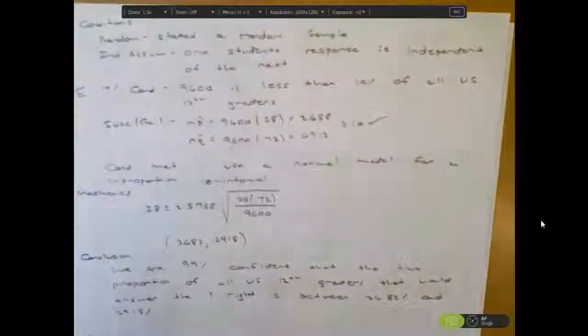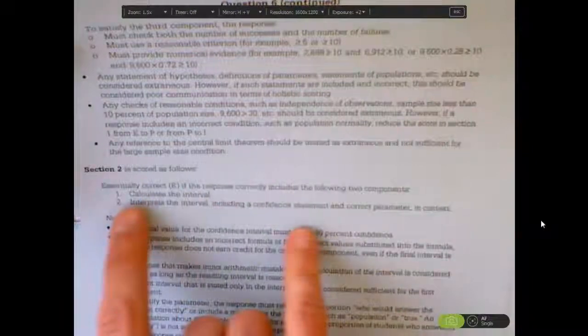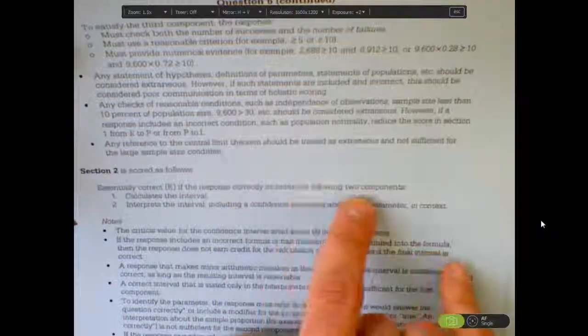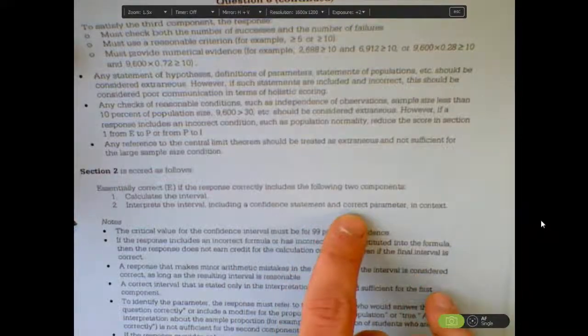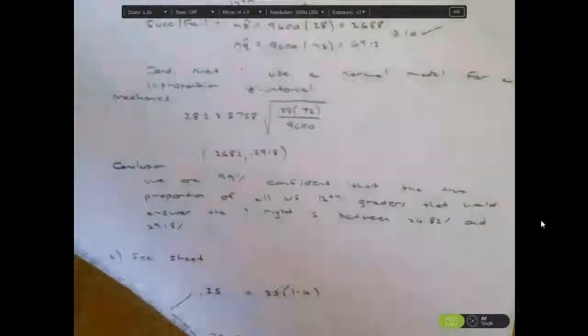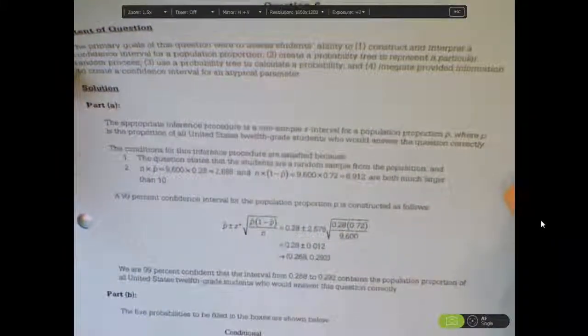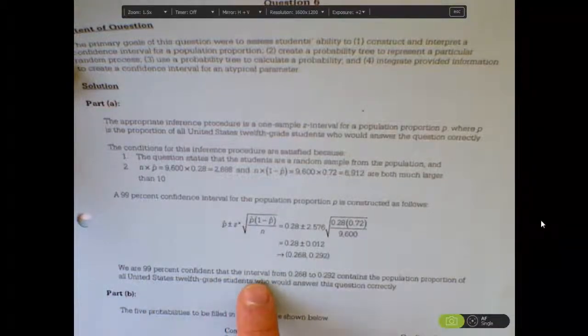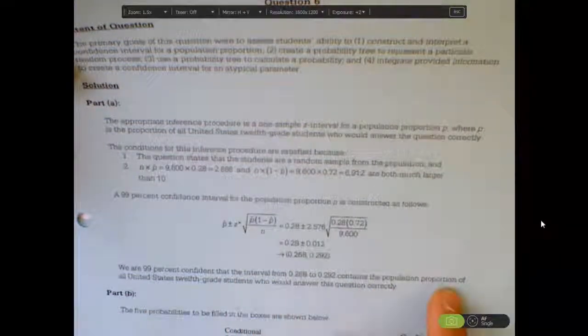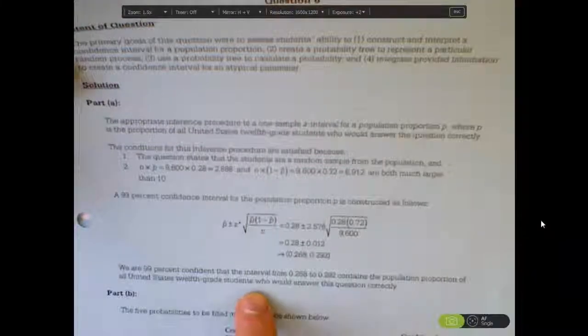Okay, section 2. What do we need to do in section 2? Okay, it's essentially correct if you do the following 2 things. Calculate the interval correctly and interpret it, including a confidence statement and correct parameter and context. Okay, so if we take a look at what they do, there's their confidence interval, and then we're 95% confident the interval contains the population proportion of all US 12th graders who would answer this correctly.